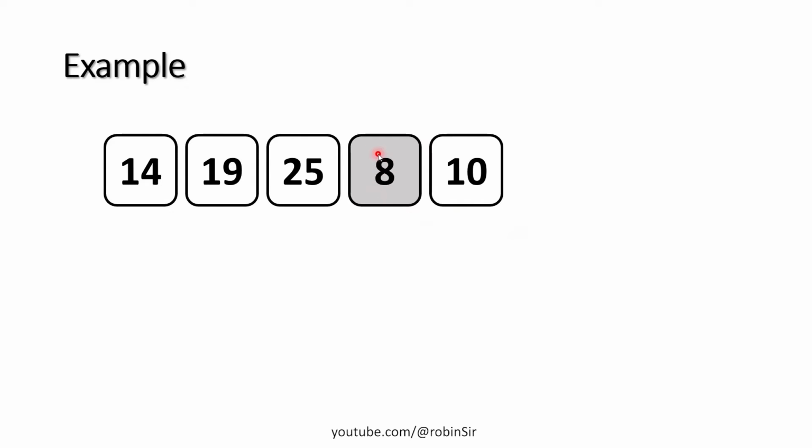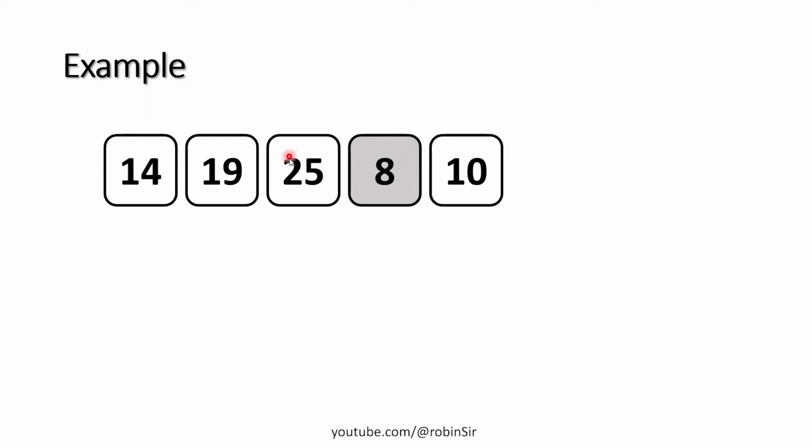We pick 8 from the unsorted region and compare it with 25. 8 should be present on the left of 25. When we compare it with 19, 8 should be on the left of 19. And when we compare 8 with 14, 8 should be on the left of 14.